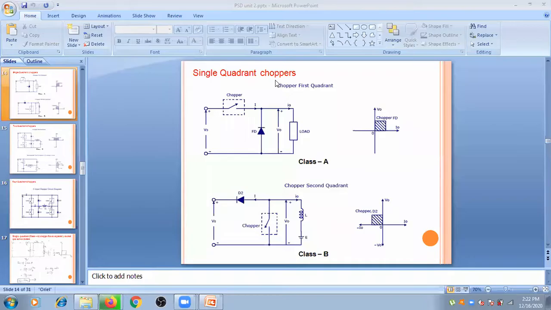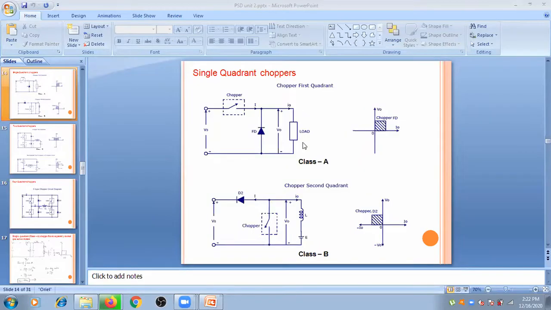And these two are single quadrant operating choppers. So these two contain a single switch, you can see in the circuit diagram, and a single diode. The load is a DC shunt motor or DC separately excited motor or DC series motor.